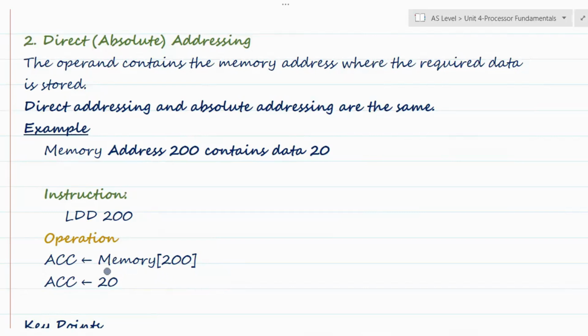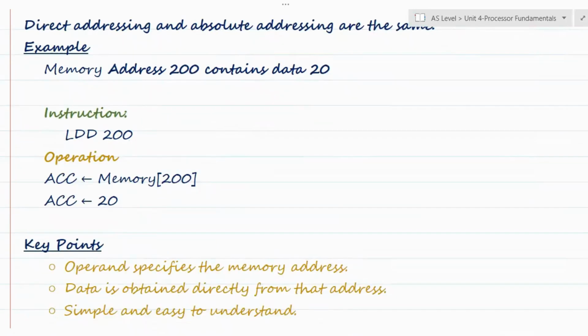So first of all, CPU will go access memory location 200 and then that data, which is 20, is loaded into the accumulator. So unlike immediate addressing, the processor must access memory to obtain the data.